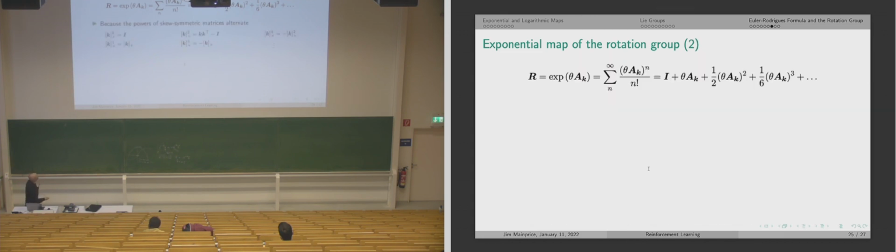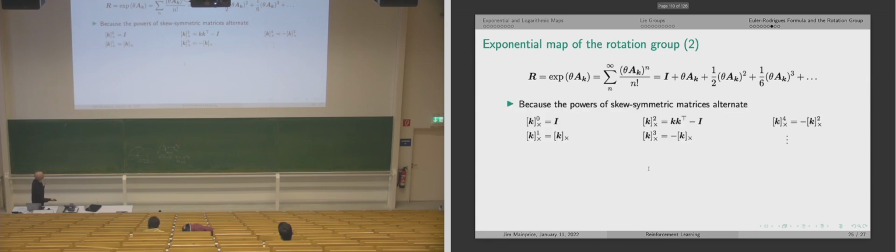And then if we multiply skew-symmetric matrices, they actually alternate. It's not that A to the power 4, 5, 6, 7, and so on generate new matrices. There's a kind of alternating pattern. So for power 0, we have the identity. For 1, we have the skew-symmetric matrix itself.